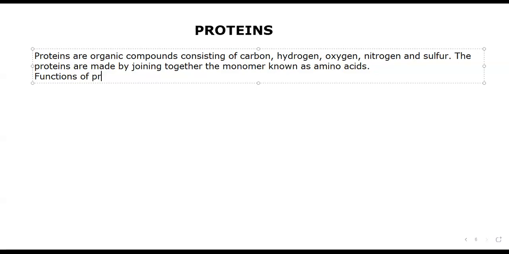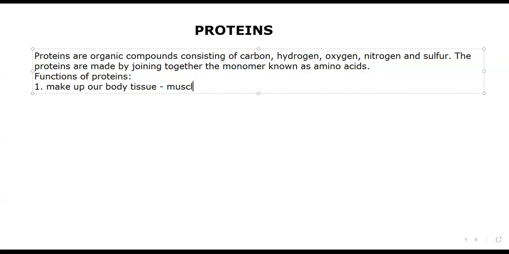Of course, they make up our body tissue: most of our body tissue, our muscles, a lot of our fibrous structures, like collagen, like hemoglobin, like the keratin that we have in our nails.